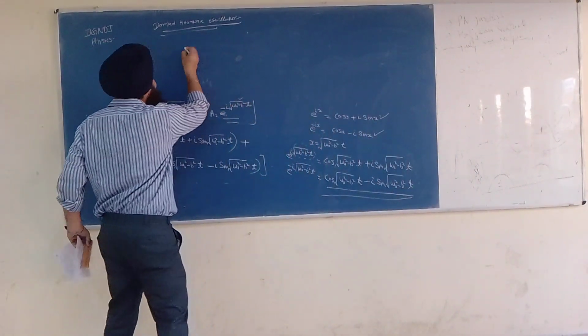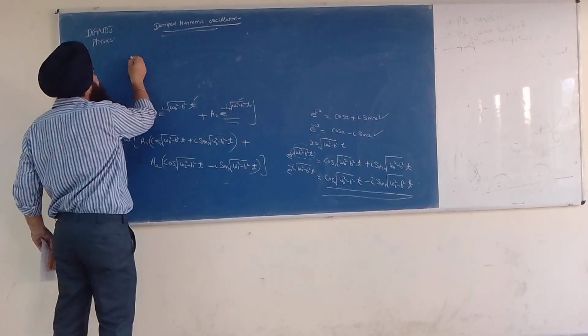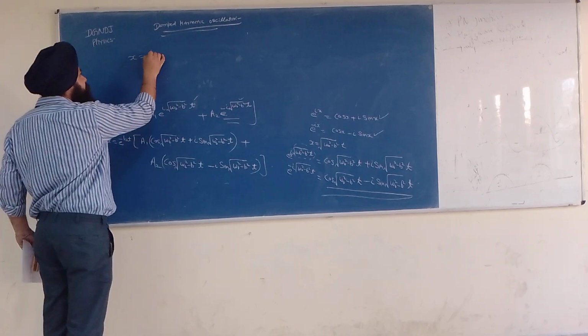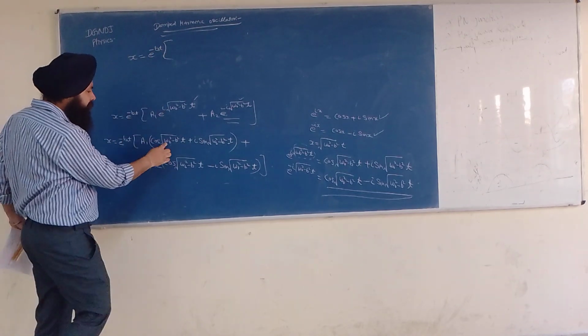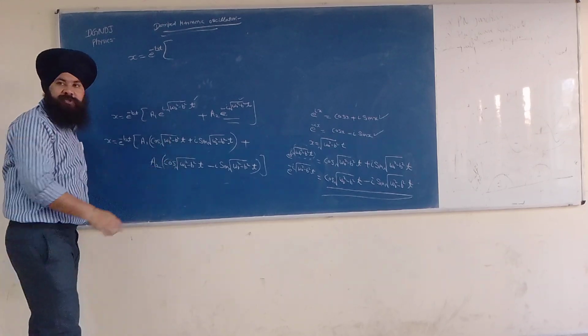Now, what is the answer? E raised to power minus bt. See, this is a1 cos, this is a2 cos.